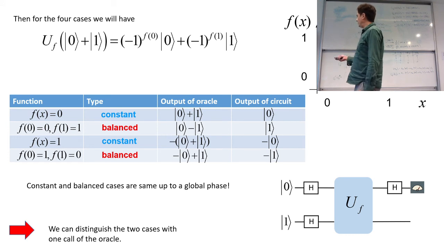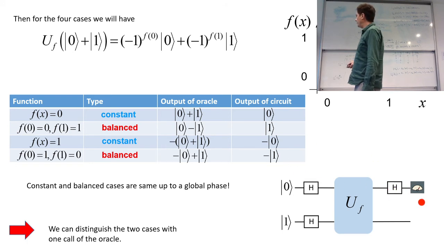And so finally, all you have to do is do a measurement in order to distinguish between the plus state and the minus state. And that you can do by this combination of Hadamard and this measurement.